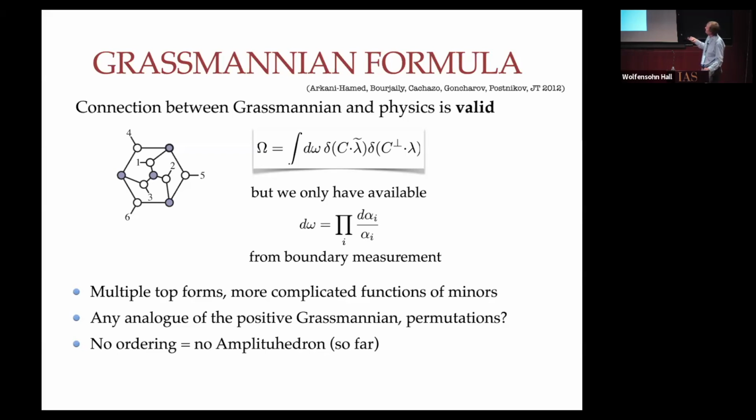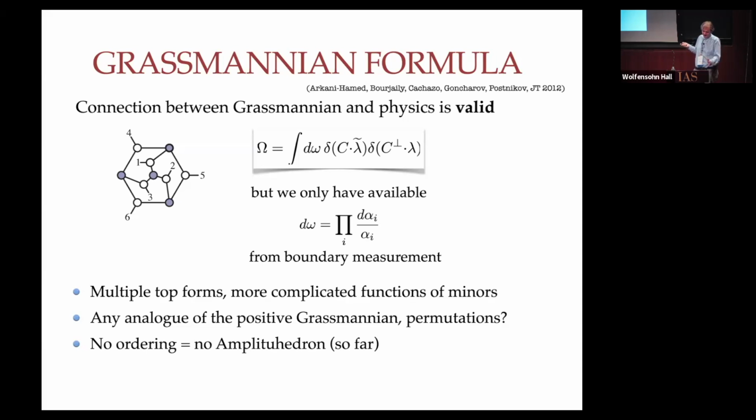Now, there is no single top form or maximal dimensional cell here. There will be multiple of them. And when we write this in terms of minors, it's not just a simple formula. Now there are multiple poles, there are some numerators. It's a little bit more complicated. And there is no ordering.